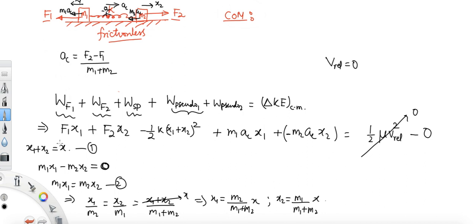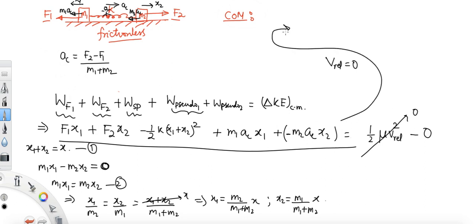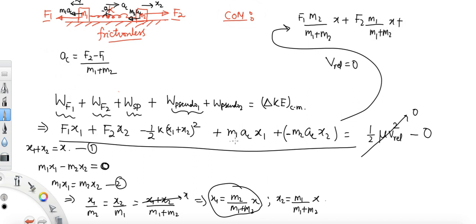Now look at the work energy equation. Here I'm writing F1 times x1; putting the value of x1, it is F1 times m2 over m1 plus m2 times x, plus F2 times x2, which is m1 over m1 plus m2 times x. Now, what is the work by the pseudo force?